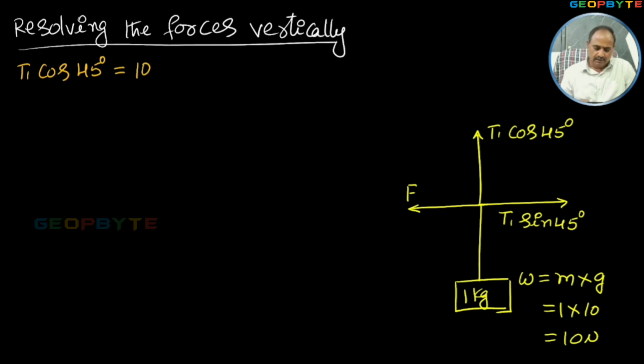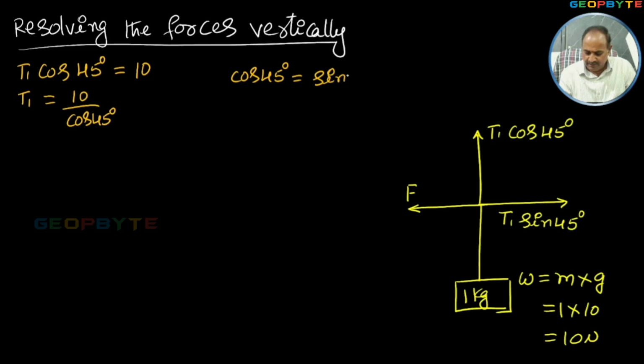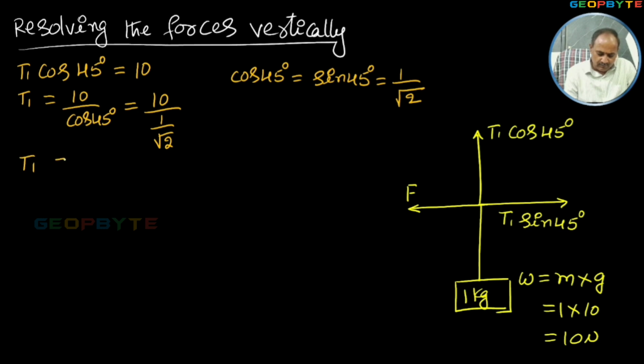From this I can write that T1 equals 10 by cos 45 degrees. As you know, cos 45 degrees and sin 45 degrees are both equal to 1 by root 2. It is equal to 10 by 1 by root 2. Therefore, T1 equals 10 root 2.